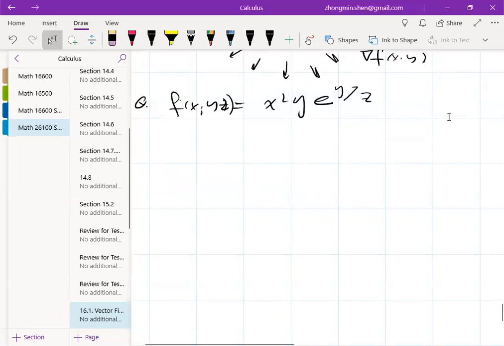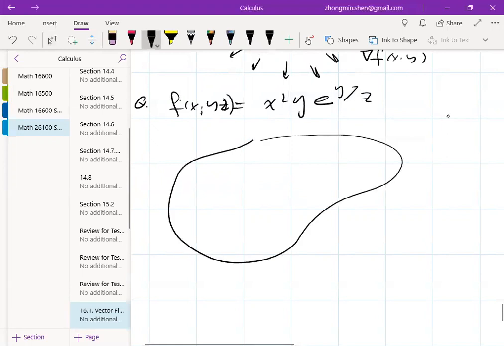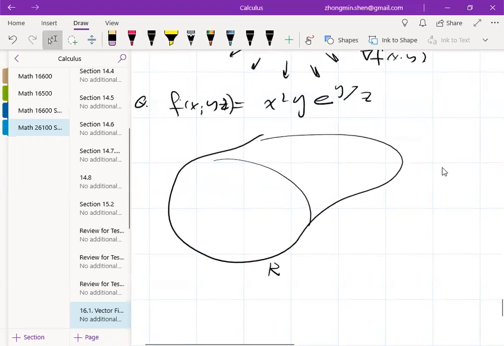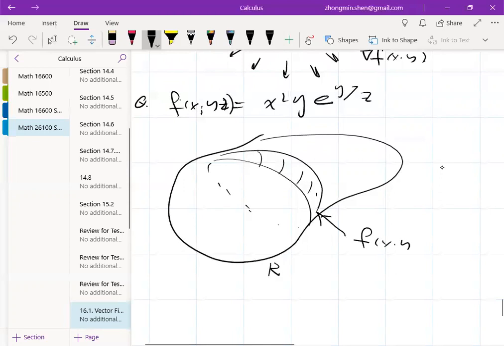The geometric meaning of this is, suppose this is a domain, region, let's call it R, 3-dimensional. And this web is a level surface. Okay. The level surface.